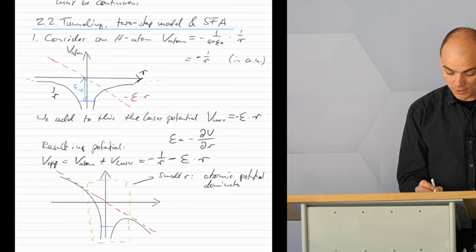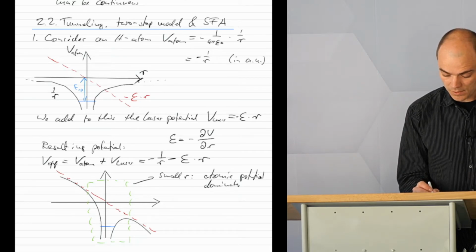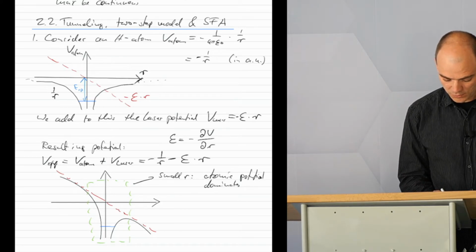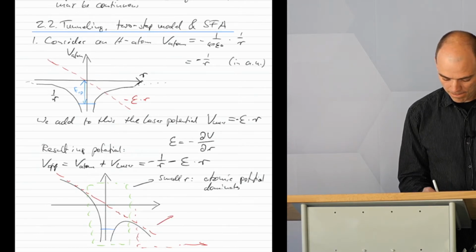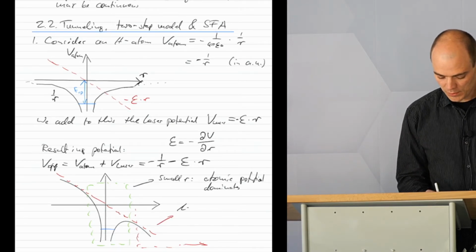And then at large R, say out here, and then of course all the way to infinity, the laser potential dominates. Larger R, laser potential dominates.